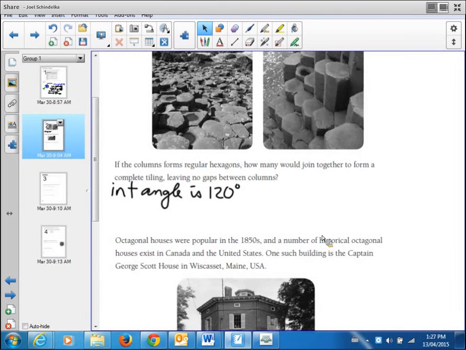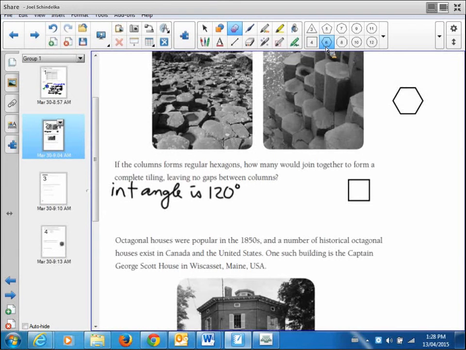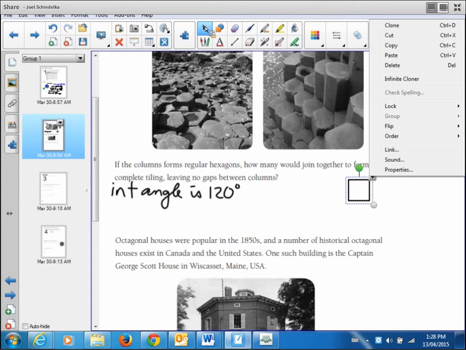Tell you what, it's easier to show them first maybe with a square. Here's what the question's asking. If I asked you with regular squares here, and I'll just keep cloning this.